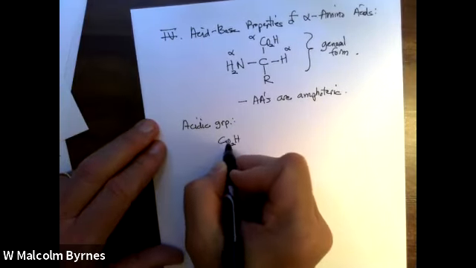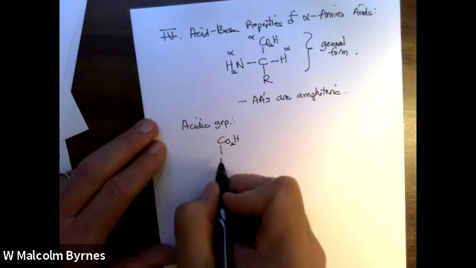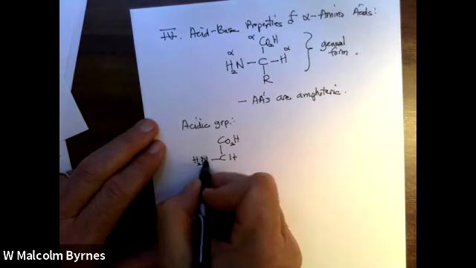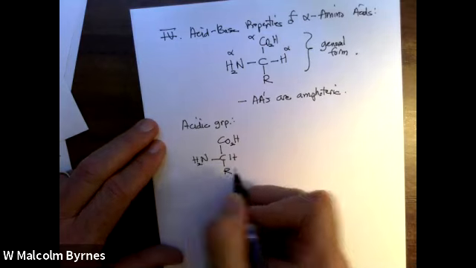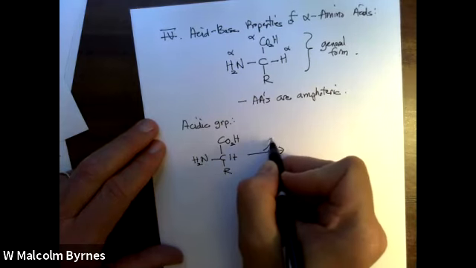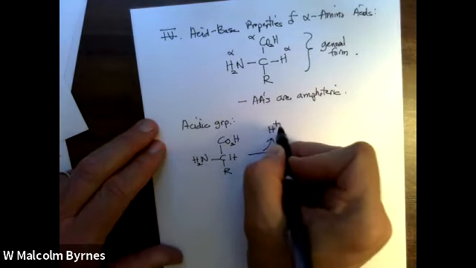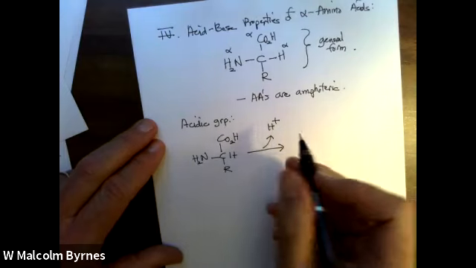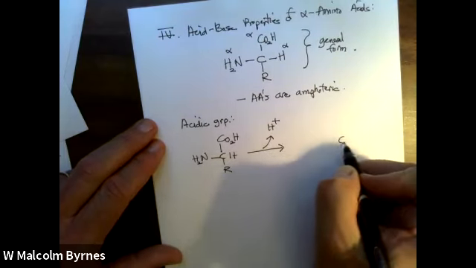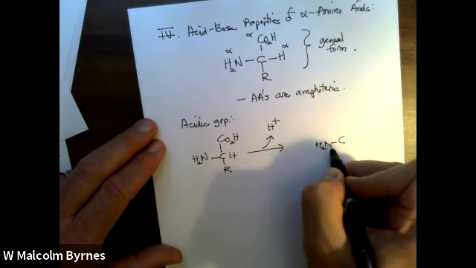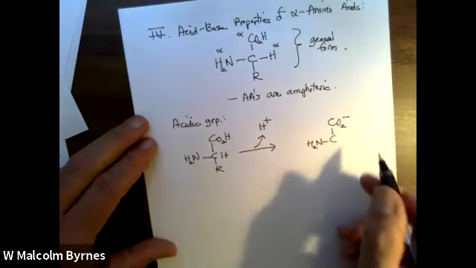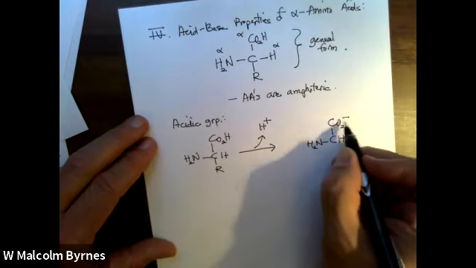So here's the amino acid. It's the carboxyl group that is the acidic group. That carboxyl group can lose a proton. It can act as an acid, and when it does that, you get a carboxylate group with a minus charge.